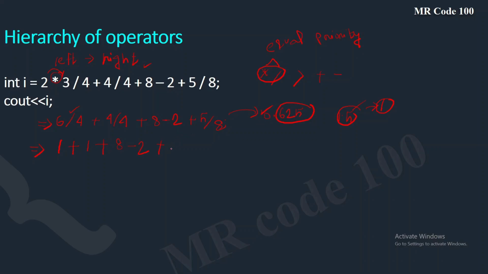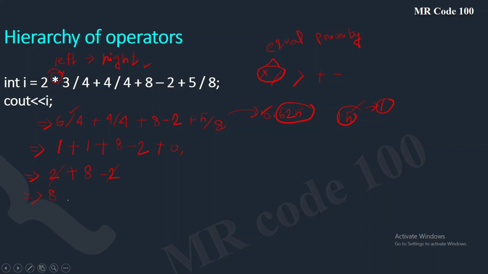I hope you guys are understanding. Okay, 0. Then the next part: 1 plus 1, 2, plus 8 minus 2. Plus and minus will be finished and there will be only 8.